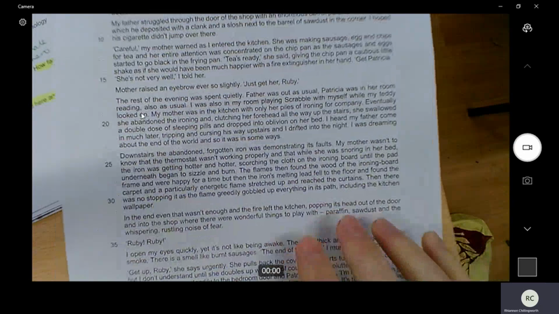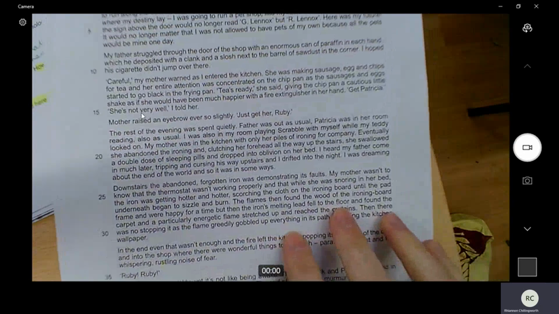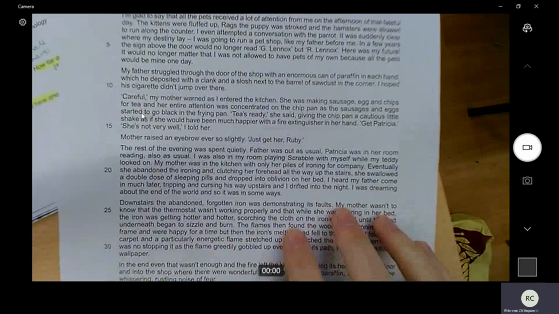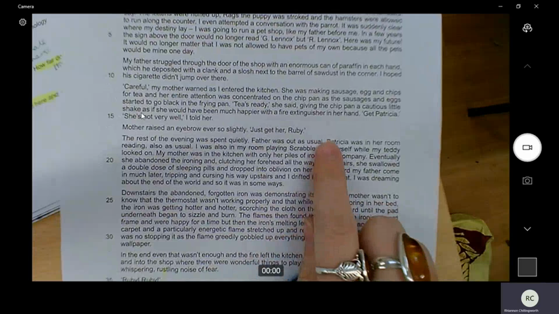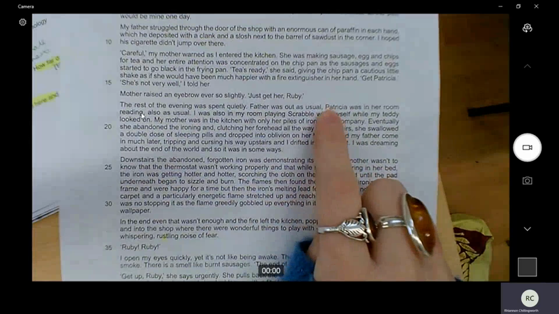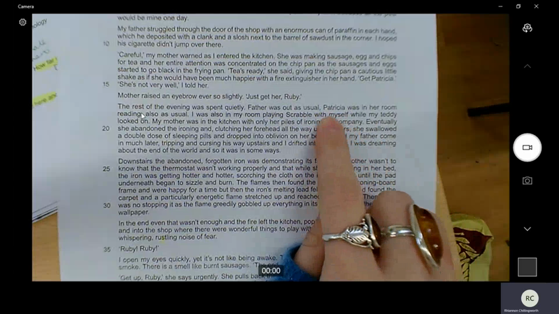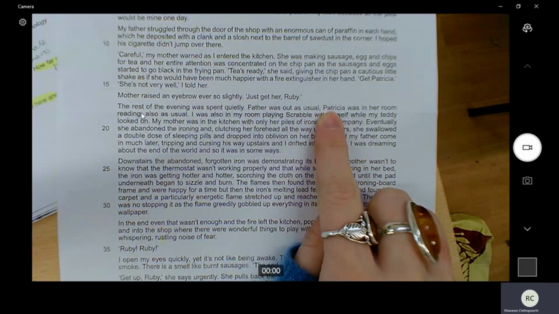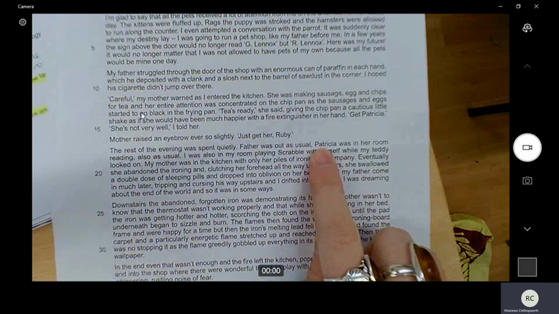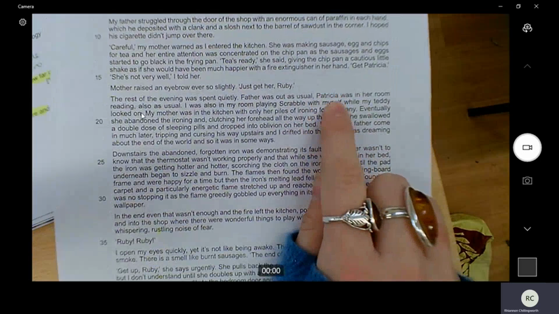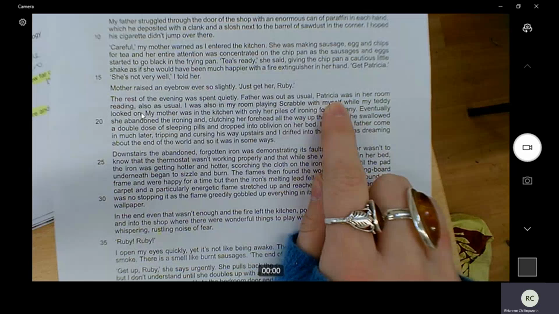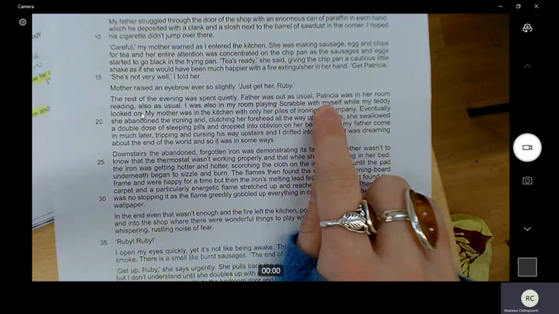And what's interesting is that Patricia isn't really described as heroic before the fire. The only real mention we get of Patricia, our first impression, is that she's in her room reading as usual. So Patricia isn't necessarily presented at the start as the sort of person that would be your typical hero. The stereotype of people that sit in their room and read books tends to be people that are a little bit shy or maybe less confident.